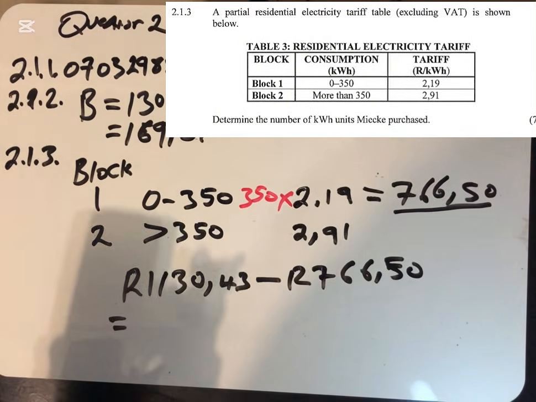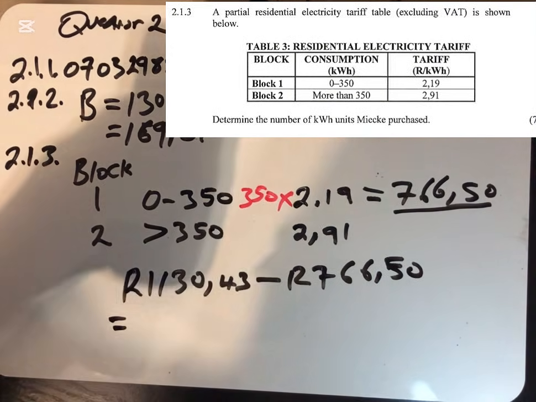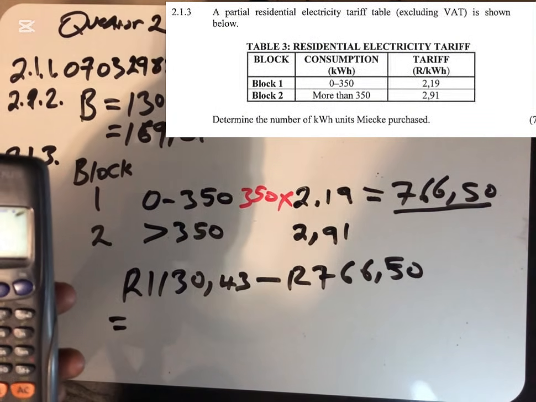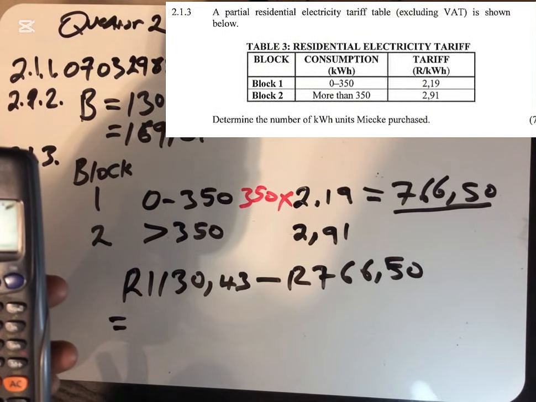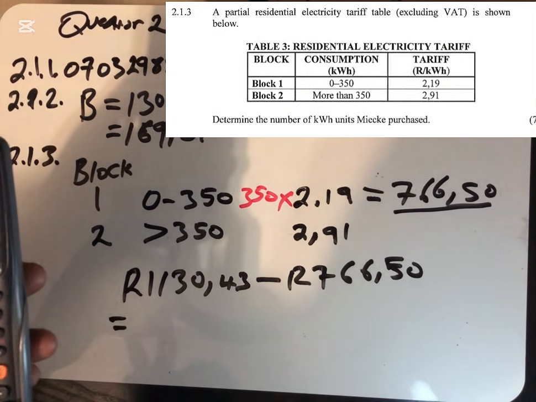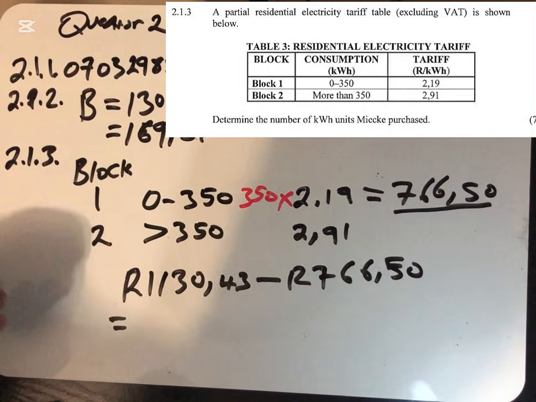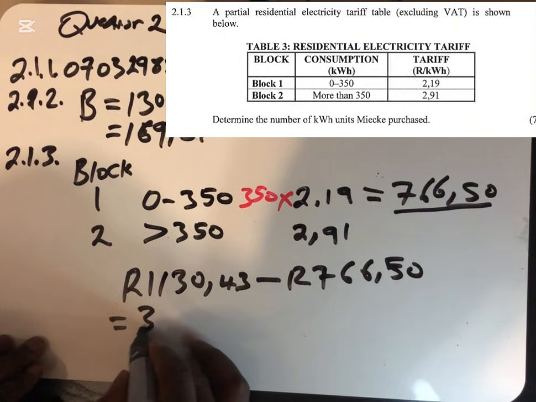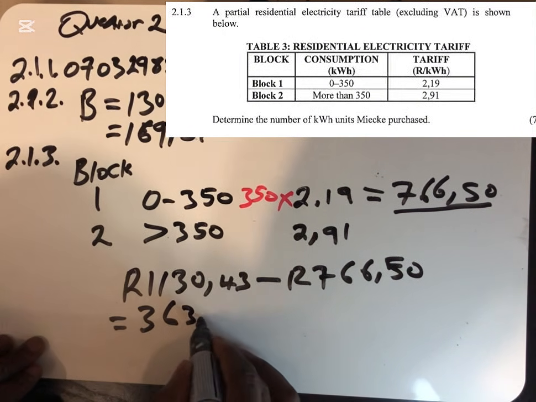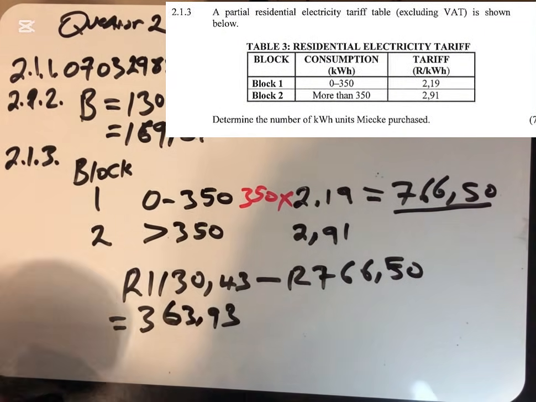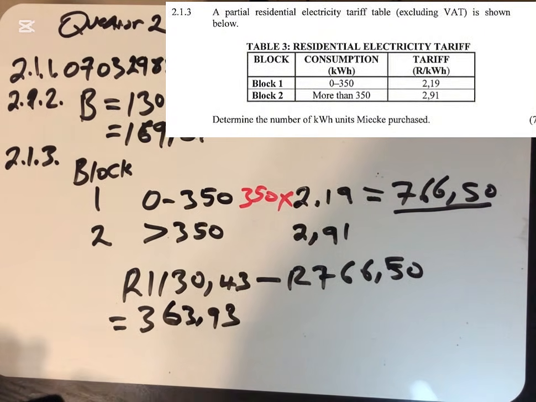After removing that amount, 1,130.43 minus the previous answer, we remain with 363.93. This 363.93, they've used it in block number 2.